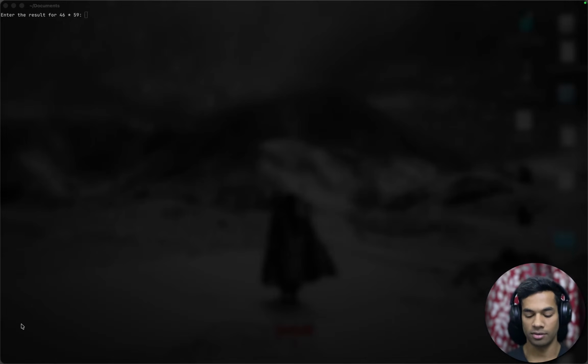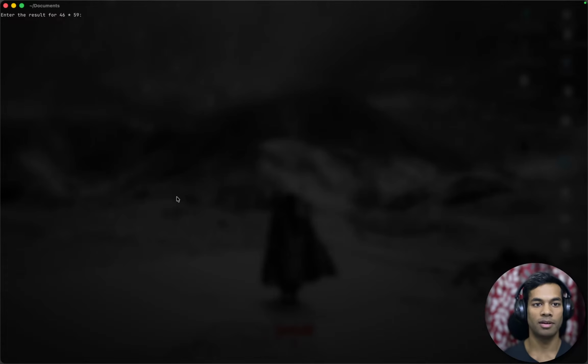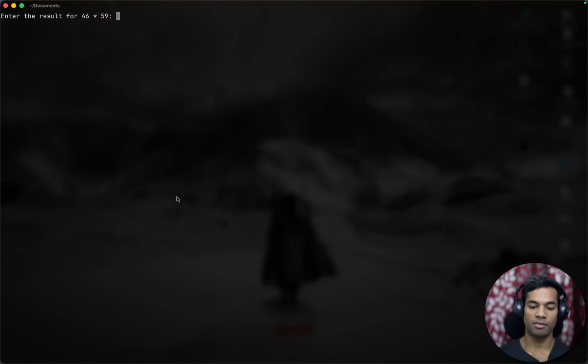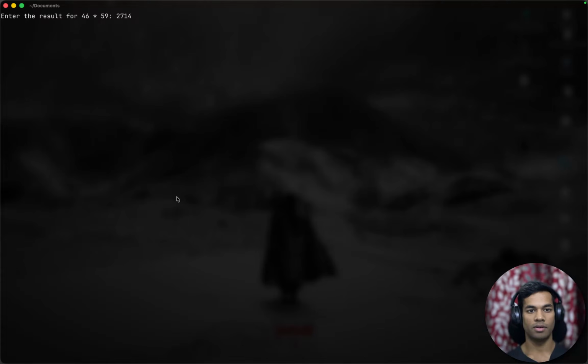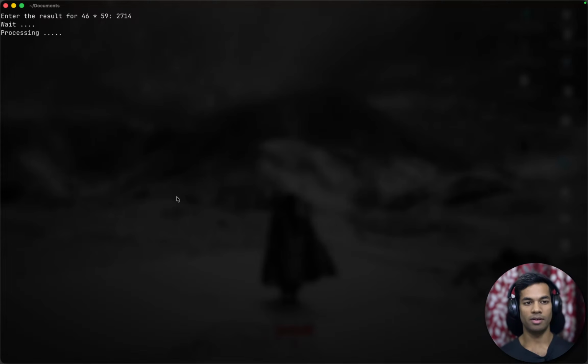And shit, I cannot access my terminal. First, I have to enter this thing. 46 into 60, 2400 plus 360, 2760 minus 46, 2714. Okay, shit, that is correct.